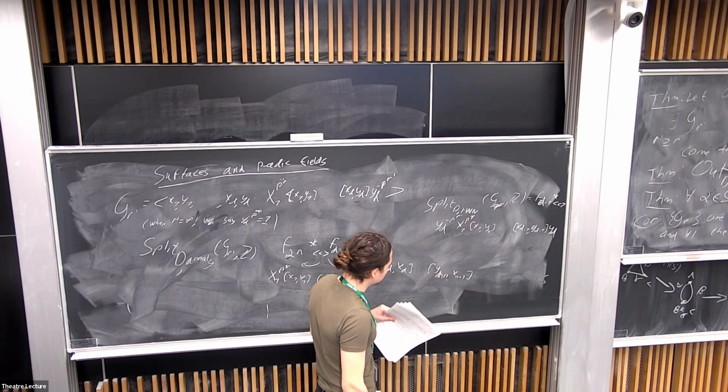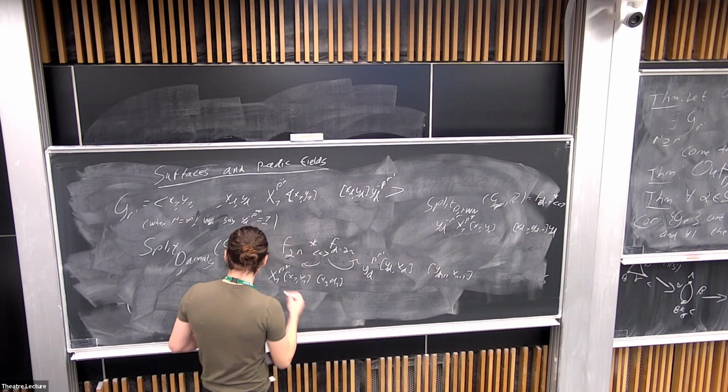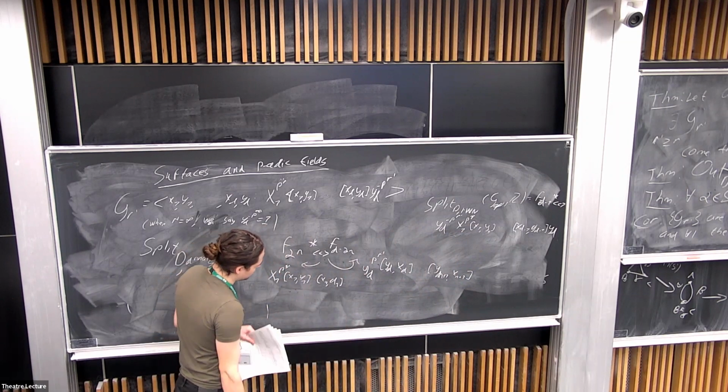And under automorphisms of this discrete group, this will give me everything.